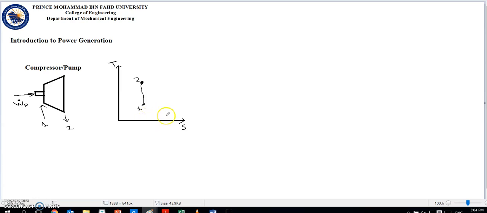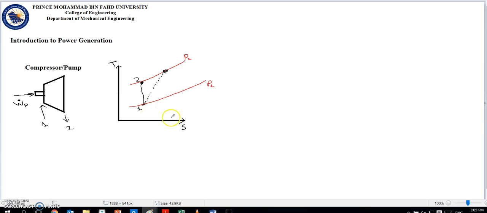Obviously, there are irreversibilities. So if this red line represents our constant pressure lines, our isobaric lines, our true process is not perpendicular on the TS diagram, but instead it deviates a little bit to the right.